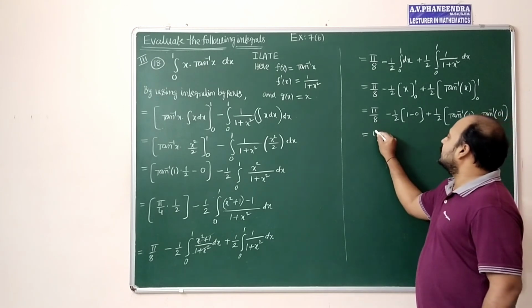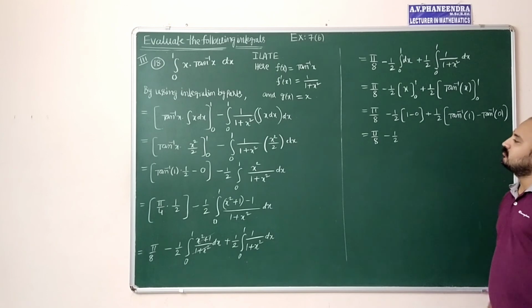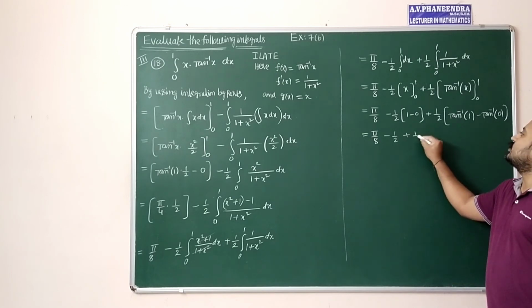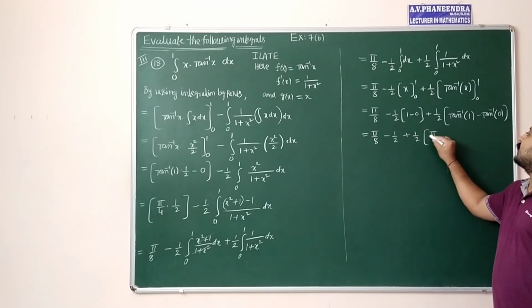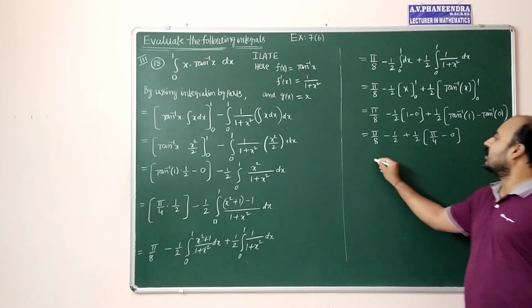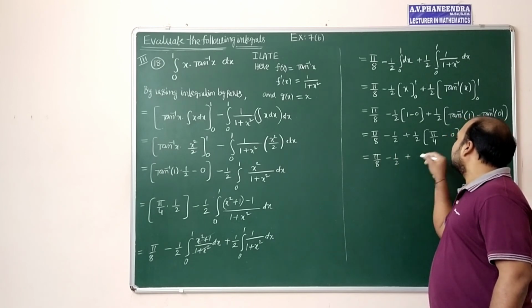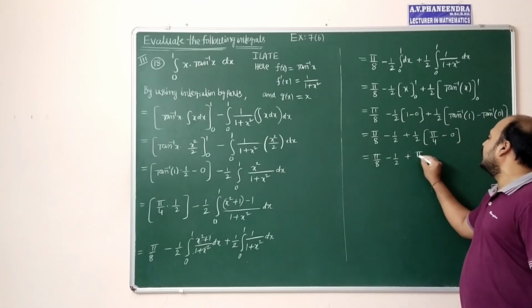So pi by 8 minus 1 by 2 into 1 plus 1 by 2. Tan inverse 1 is pi by 4 minus tan inverse 0 is 0. So pi by 8 minus 1 by 2 plus pi by 4 into 1 by 2 is pi by 8.